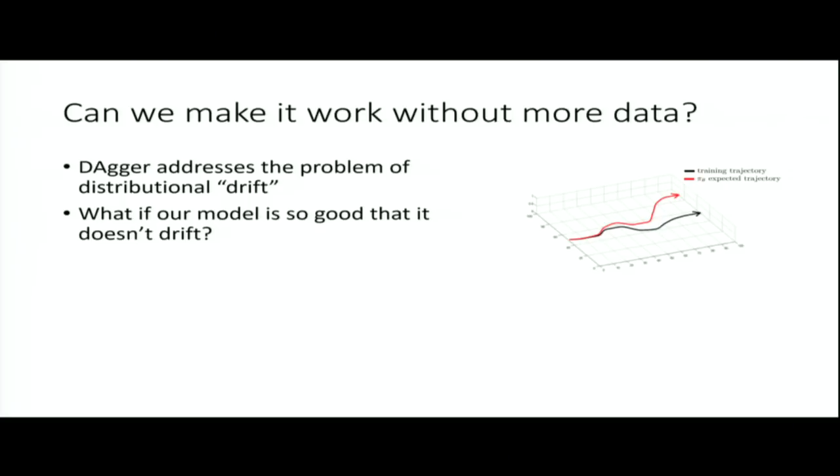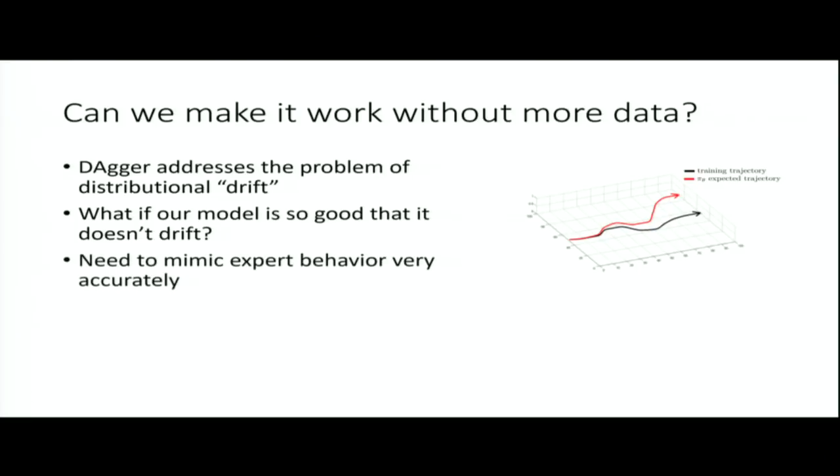What if it was so good that it just never made mistakes big enough for errors to compound? This is a little far-fetched, and in general you can't really show that you can build a model that does this, but in practice, oftentimes you can build models where the drift is small enough that naive imitation learning does work. But there are often a couple of tricks that are very helpful for making this work.